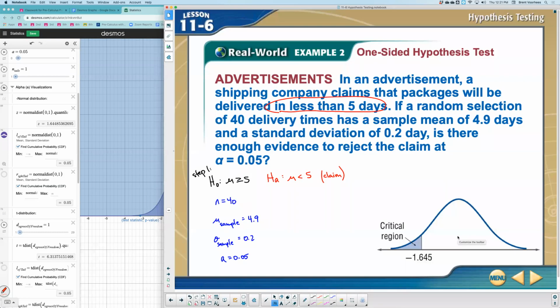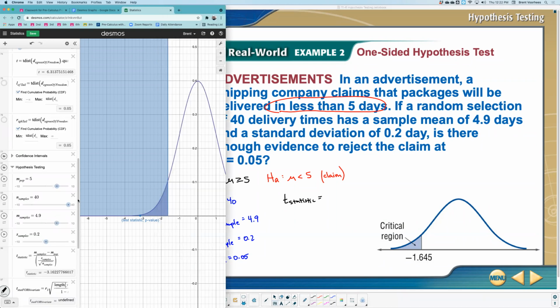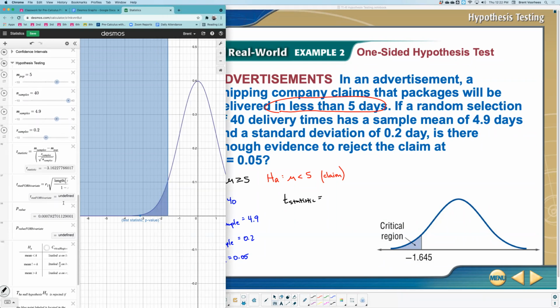Now this is where this can get a little bit confusing. So let me write down here the t statistic that we get from the calculator. The t statistic is going to equal, let me come back over here, where was it? It was negative 3.16.